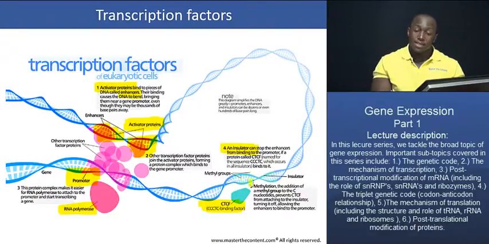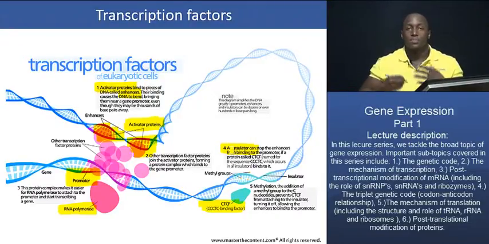Once that insulator sequence is bound to CTCF, it can block the action of enhancers, so it can prevent enhancers from associating with the promoter region. That's one way through which transcription can be negatively regulated or slowed, if you like.